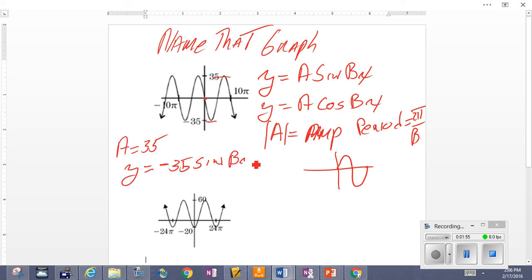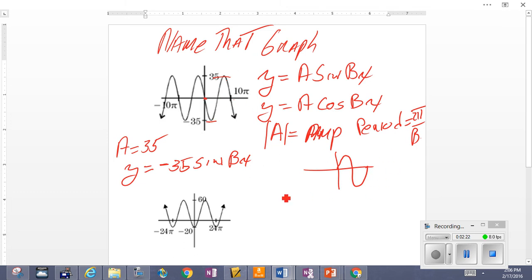Now, of course, we need to find the value of b. Let's take a look. From here, going through, we are covering one full cycle, which is indicated as being 10 pi.